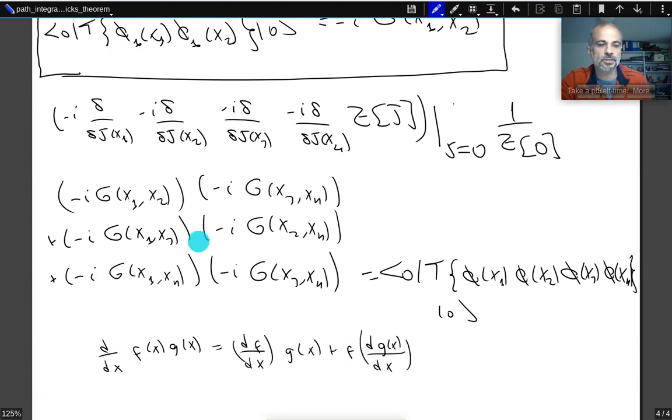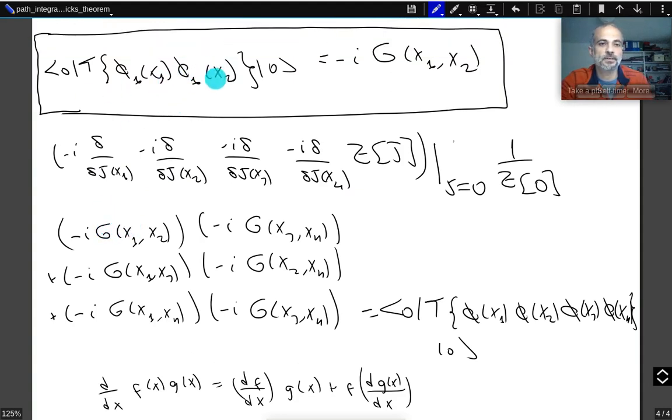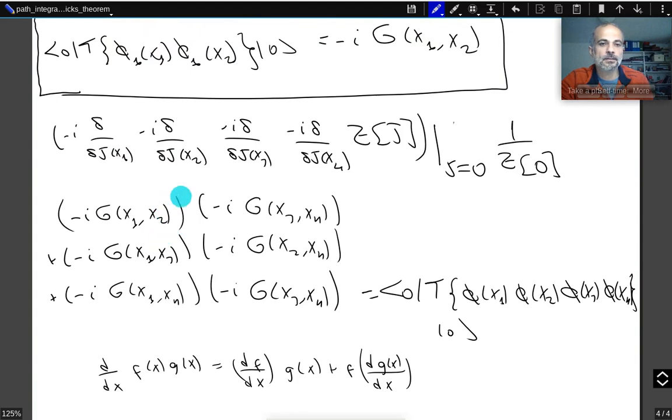So I should pair these derivatives in all possible ways, and each pairing will give me a G. G is nothing but the pairing of two fields, and then I should just sum the contributions from all such pairings or contractions. So this is the essence of Wick's theorem.